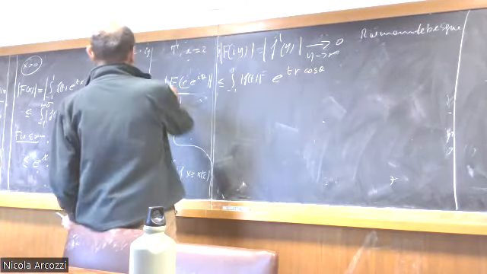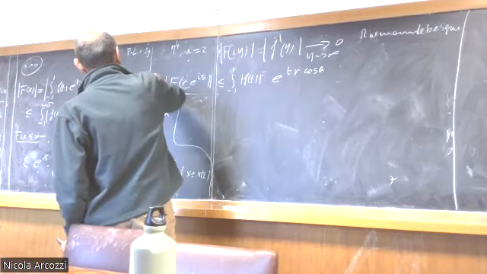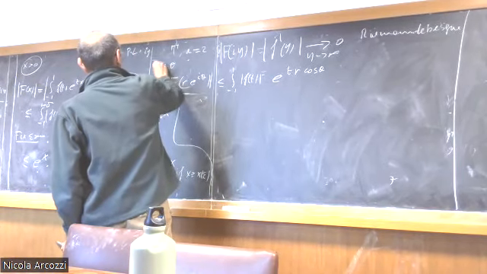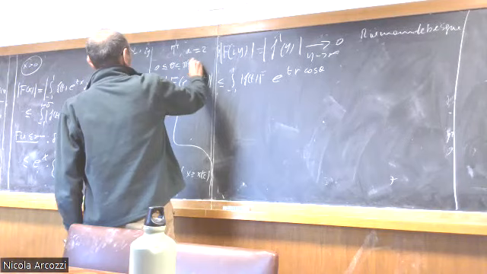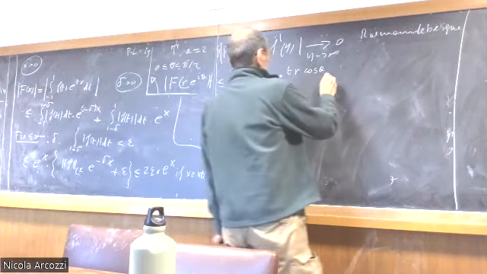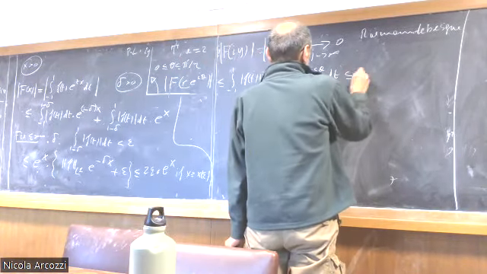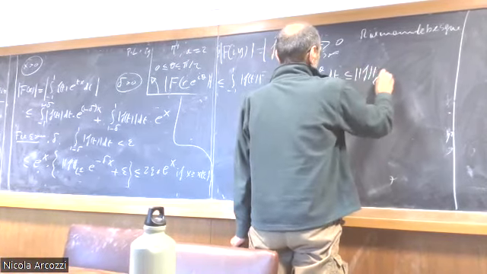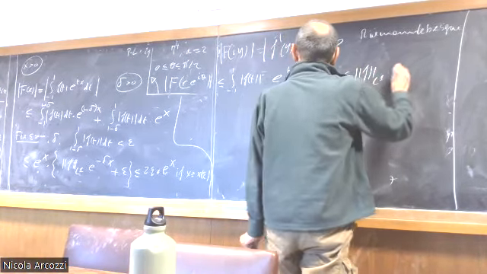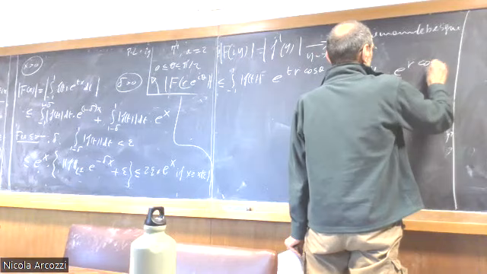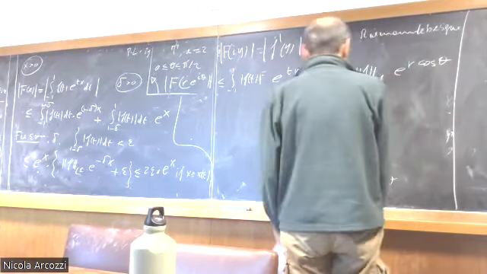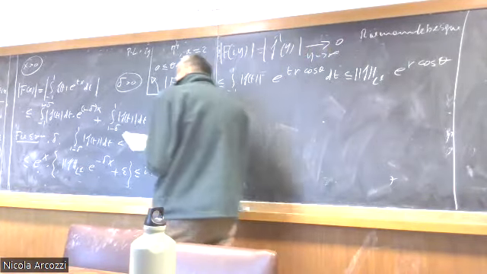Cosine of theta, we are here, so we are between 0 and 2. The t is bounded by some constant times e to the r cosine of theta. Okay.